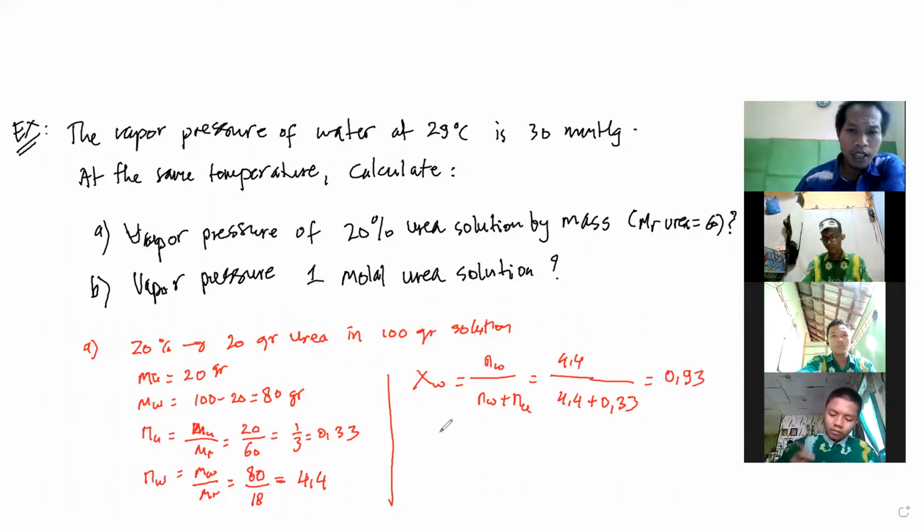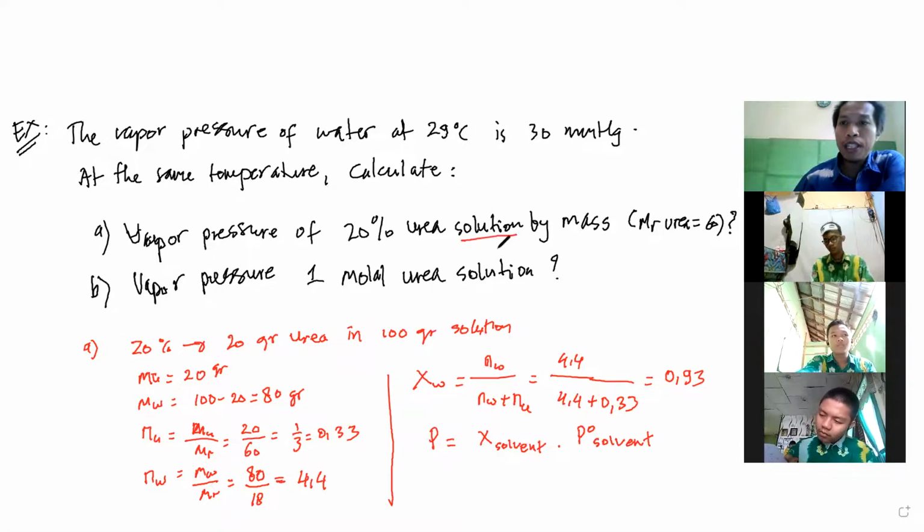Lastly, we put in the formula: P is equal to X solvent times P0 solvent. Because the question is the vapor pressure of the urea solution, it is P, not delta P. So you can use this formula, X solvent times P0 solvent.